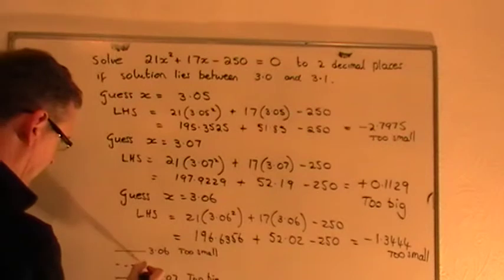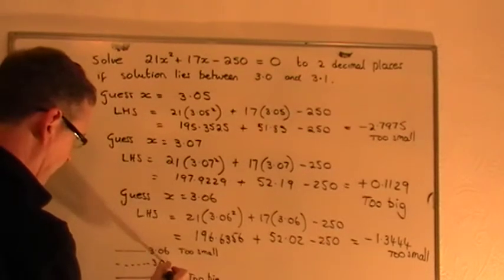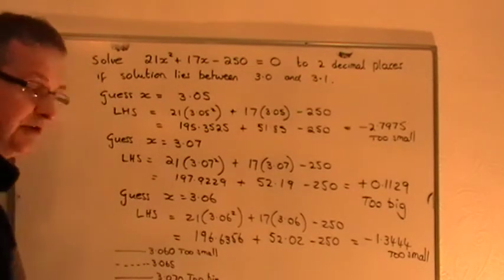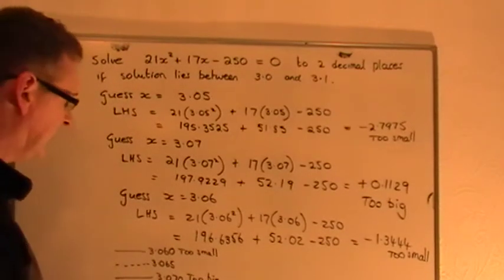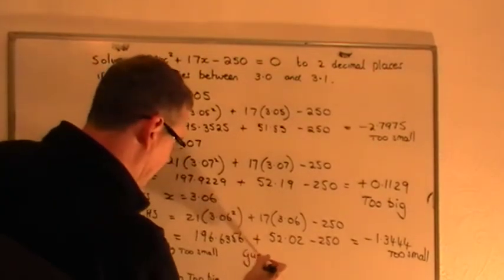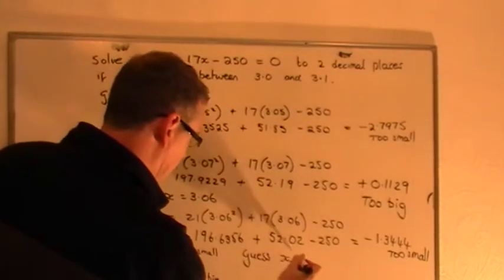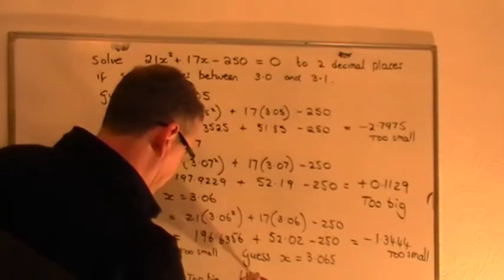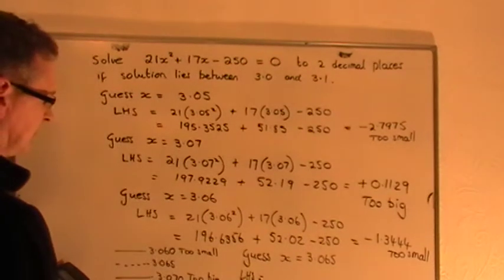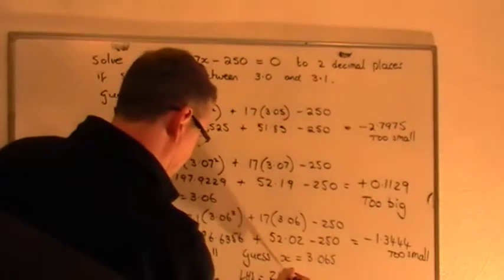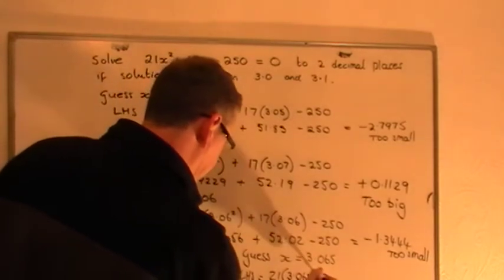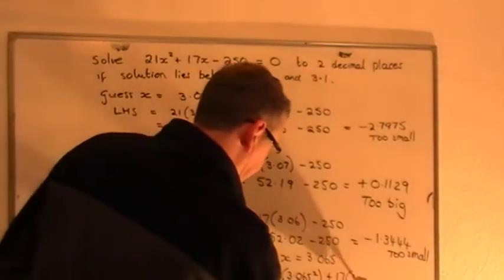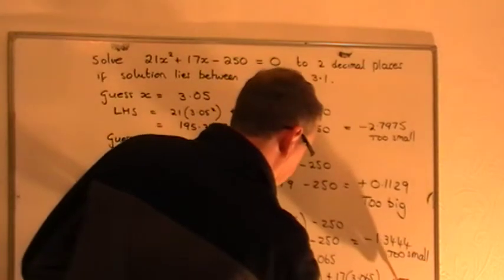So to do that, you do the halfway point, which will be 3.065, because that's like 3.060 and that's like 3.070. So halfway, 3.065, and we make a guess using that. So guess x equals 3.065. So the left hand side will become 21 lots of 3.065 squared plus 17 lots of 3.065 take away 250.